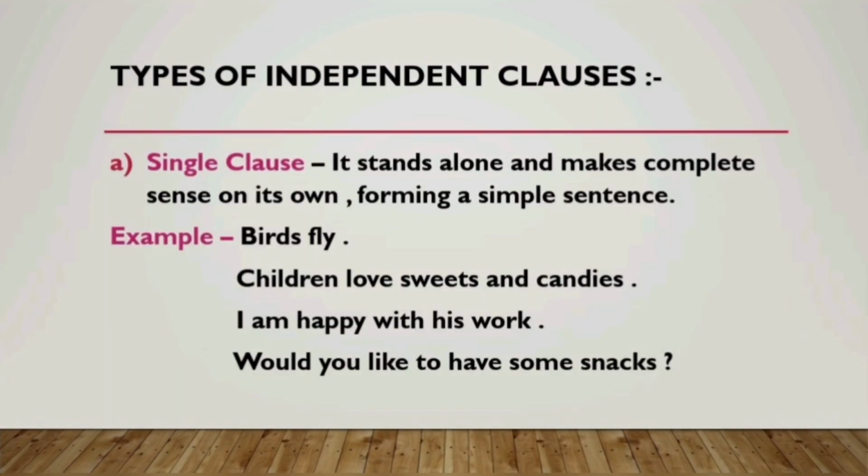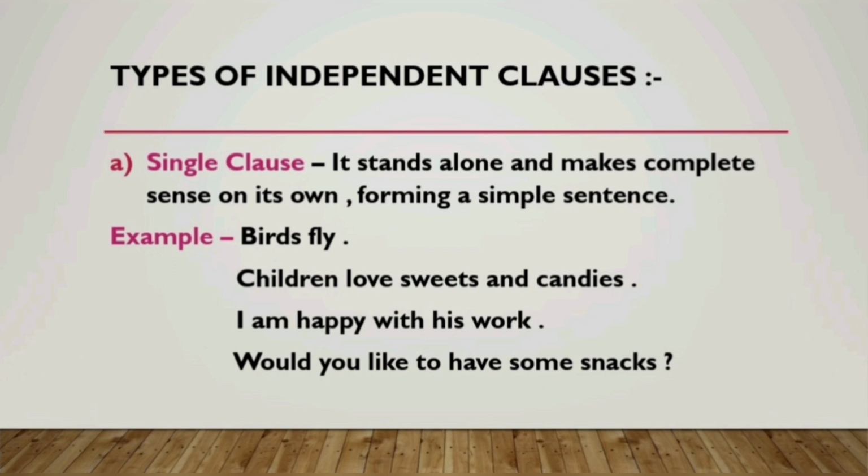There are three types of independent clauses and we will discuss each one by one. The first type of independent clause is a single clause. A single clause stands alone and makes complete sense on its own, forming a complete sentence.